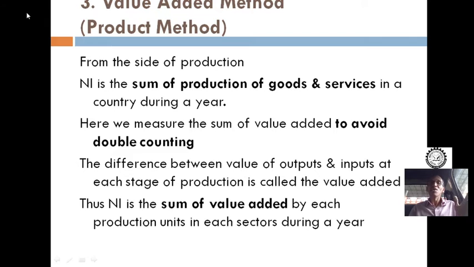The term value added means the difference between value of output and intermediate consumption. Thus, national income is the sum of value added by each production unit in each sector of the economy during a year.